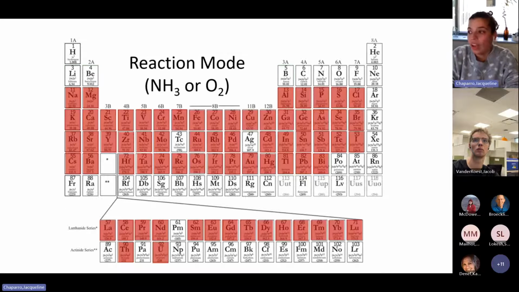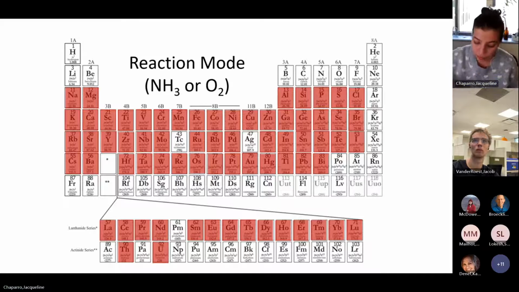Whereas for most other elements in the periodic table, using either ammonia or oxygen is the best way to minimize or remove the interference and accurately measure the element of interest.